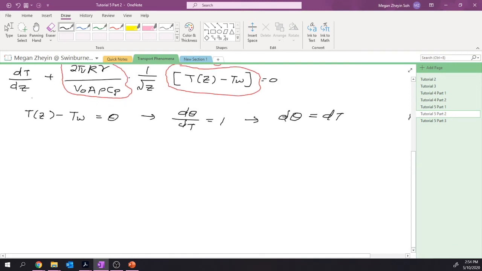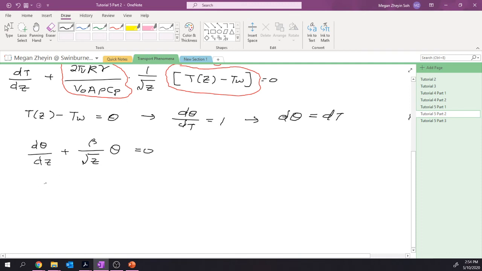So dT is d theta, and this becomes d theta over dz plus beta over square root of z multiplied by theta equals 0.